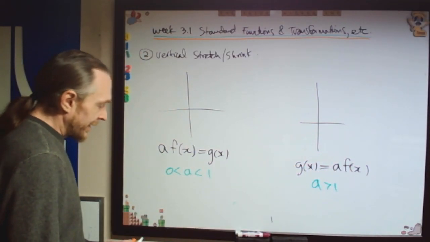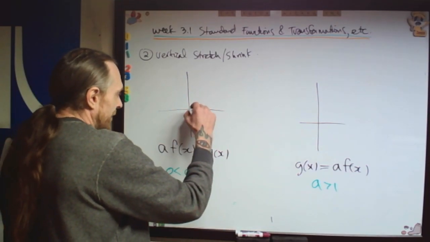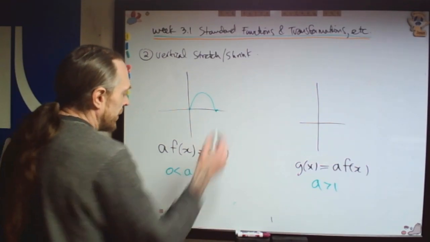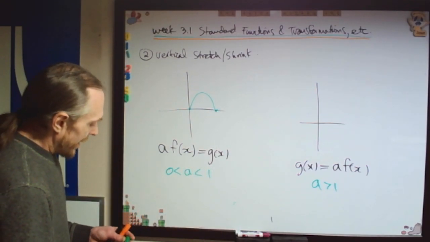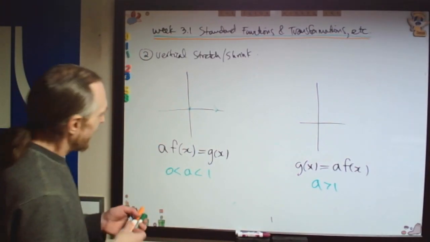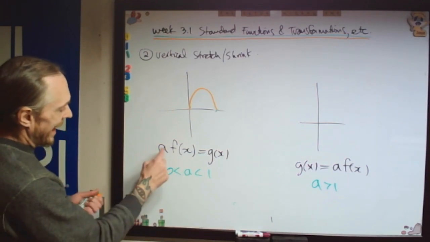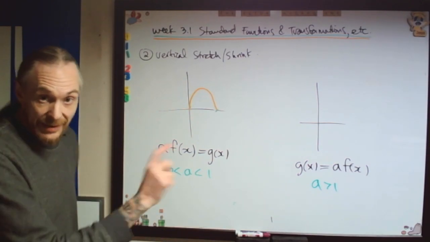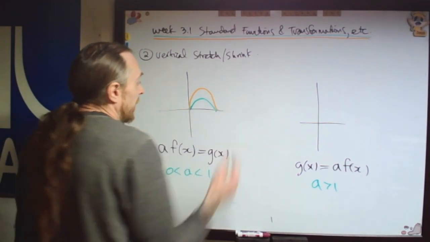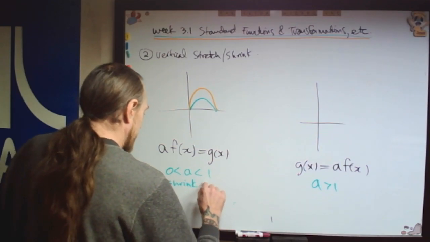Now what would the graph look like? The best way is trigonometric functions. If our original function is orange, then multiplying on the outside by a small number between 0 and 1, half or something like this, will give you a vertical shrink.